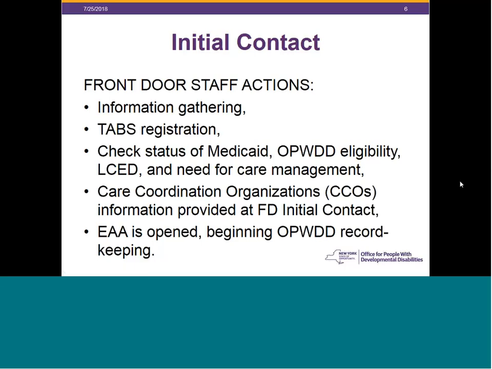We have handouts that we'll give to individuals and families about the CCOs that exist in their communities. As you all know, there are CCOs that function across the state in different counties. So the information that we provide for people gives them contact information geographically about where those CCOs provide services.